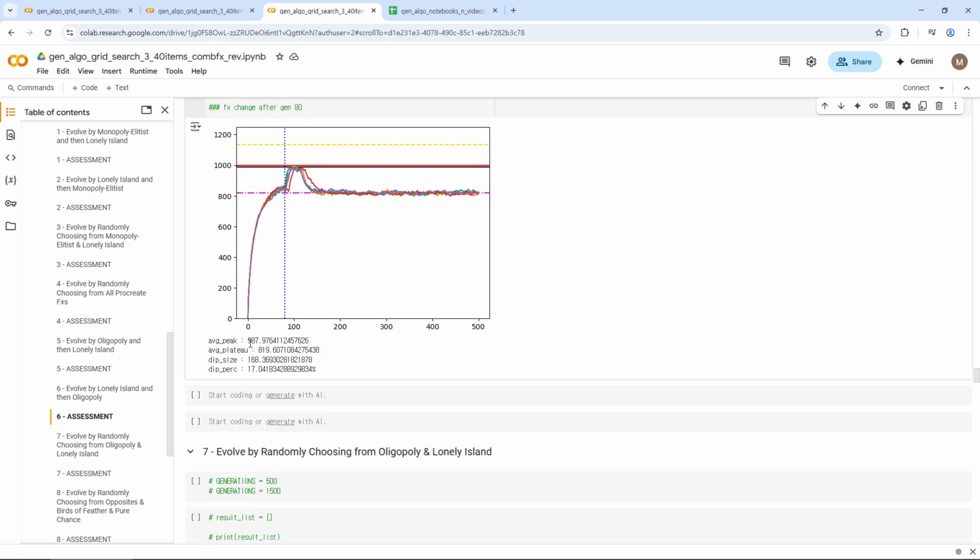But okay, so the average peak is 987, average plateau is 819, dip size is 168, dip percentage is 17.04%. So quite a huge dip percentage and dip size.